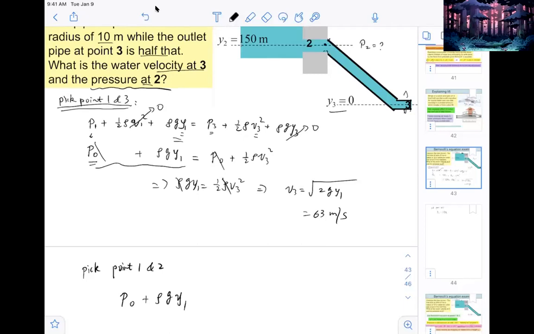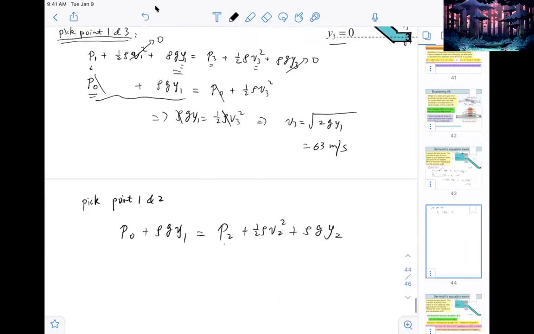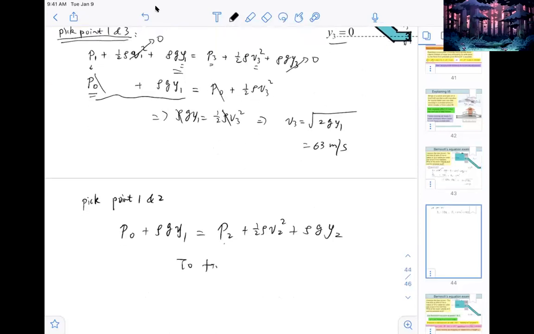I've already got this. Now point 2 is P2, the pressure at 2, that's the one we want to solve, plus 1/2 rho V2 squared plus rho G y2. So to find the pressure P2, we need to know V2 because everything else we already know. We just don't know what V2 is.